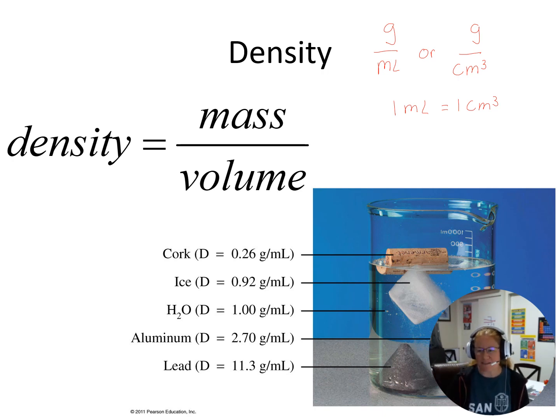It's not that much less dense, only 0.92 compared to 1, which is why a whole bunch of this piece of ice is still below the surface of the water. It doesn't sink because it's still slightly less dense, but it doesn't completely float nearly as much as the cork does because its density is so close to that of water. This is why things like icebergs are so dangerous, because most of the ice exists underneath the water instead of above the water.